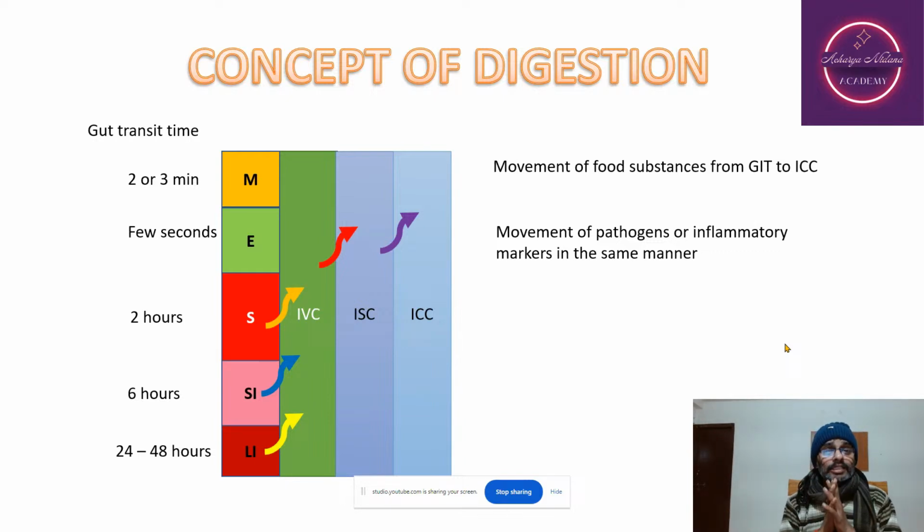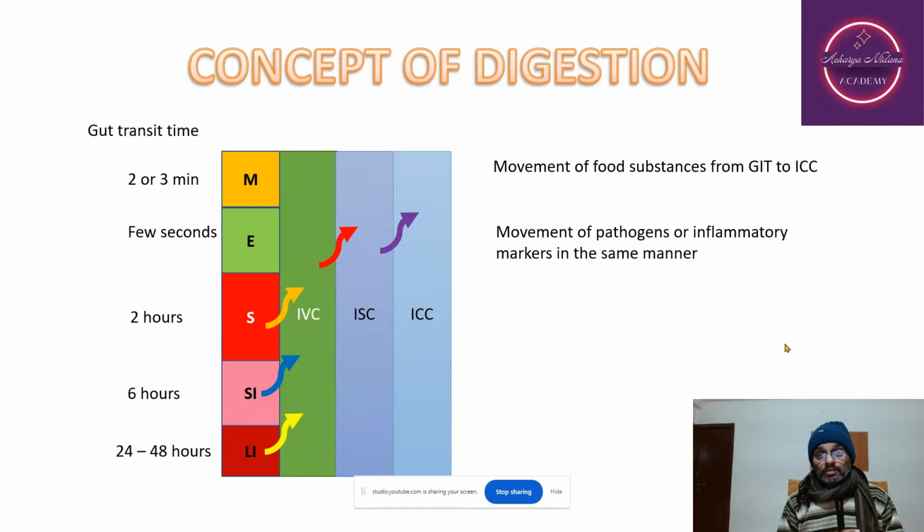Gut transit time is the presence of food in one particular organ for a specified time period. In the mouth it may remain for 2 or 3 minutes, depending on the mastication process, etc. In the esophagus the food remains for a few seconds; there is no storage in the esophagus.